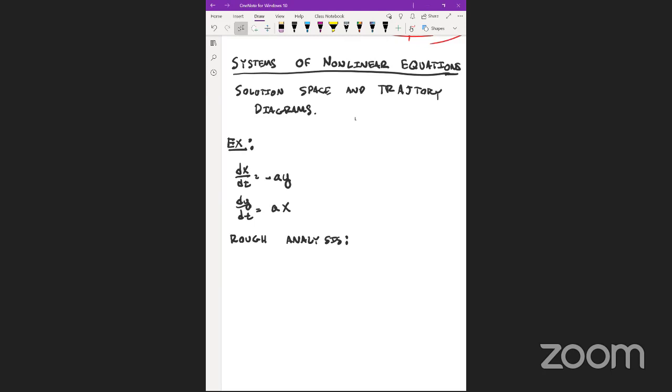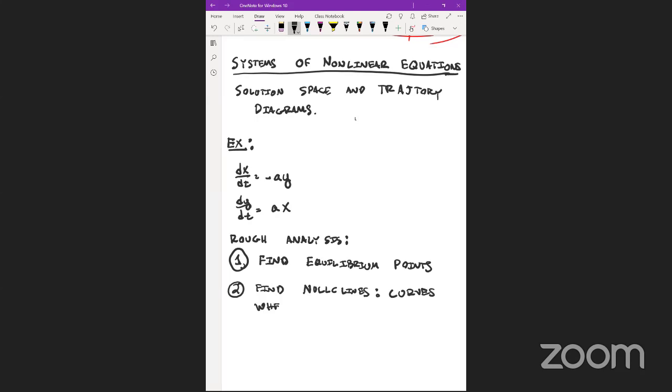First, find the equilibrium points. Second, find the null clines, that is, curves where x prime equals 0 or y prime equals 0.